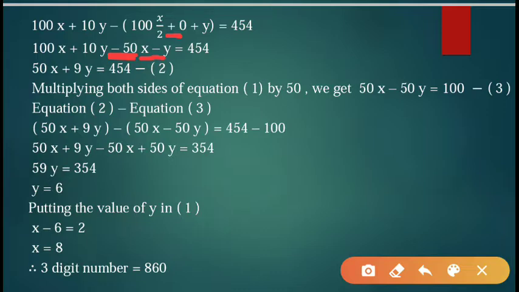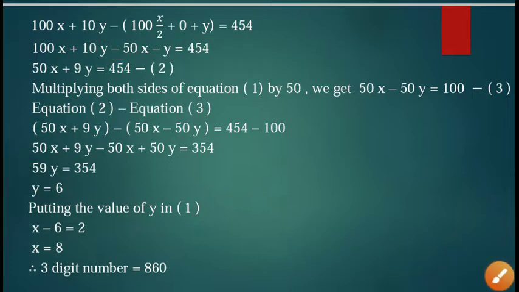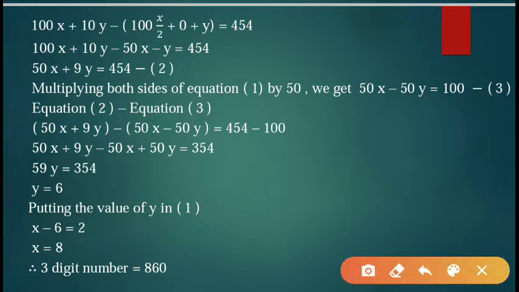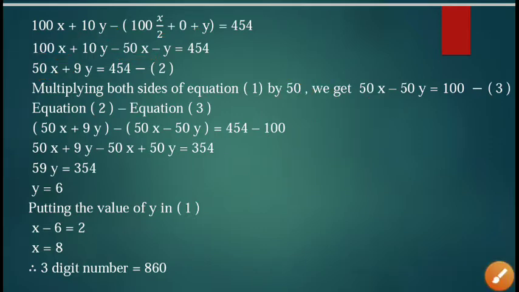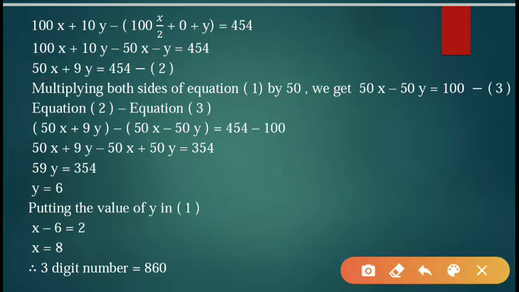If we do not write this 0, it will be okay. Then plus y, in the place of plus y we write minus y. Why? Because here it is a minus sign, is equal to 454 will be as it is. Now again, when you solve, this is the same number. 100x minus 50x will give you 50x, plus 10y minus y will give you 9y is equal to 454. Let's consider it equation number 2.